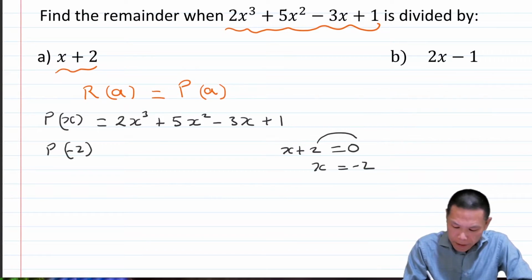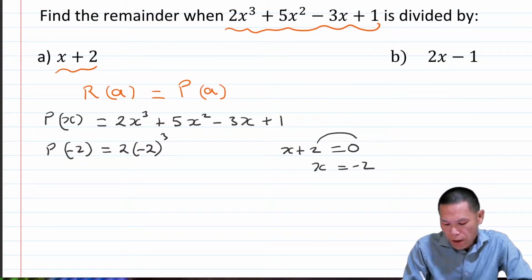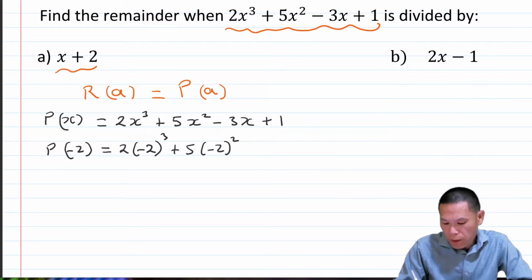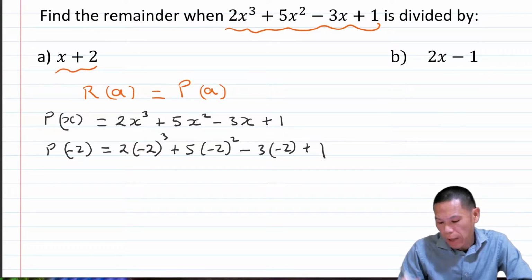So this means 2 times negative 2 to the power of 3, plus 5 lots of negative 2 squared, minus 3 lots of negative 2, plus 1.